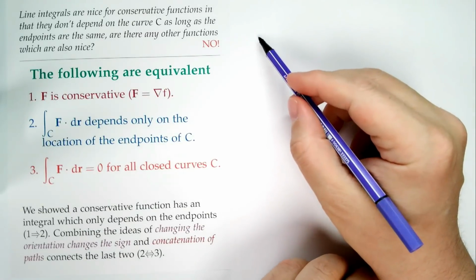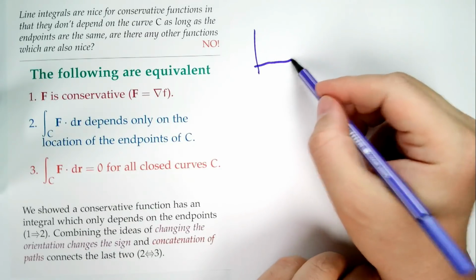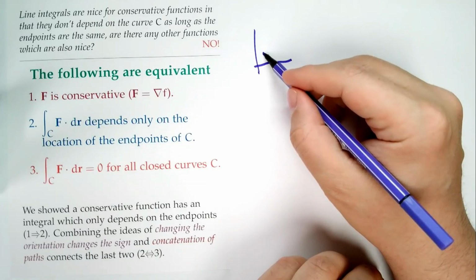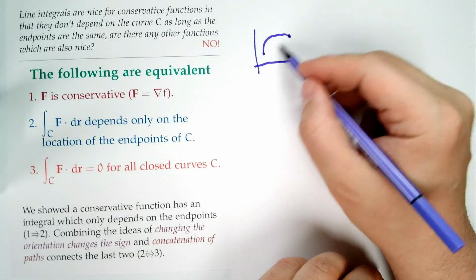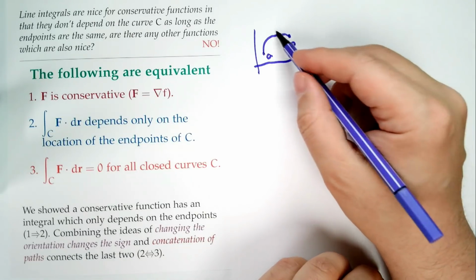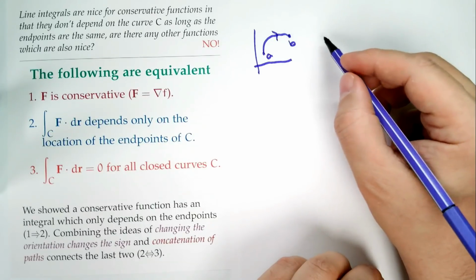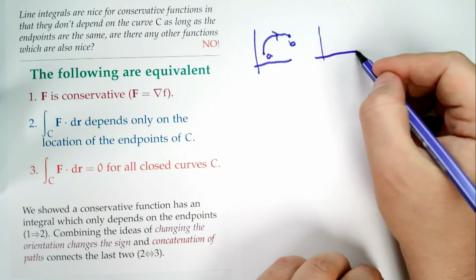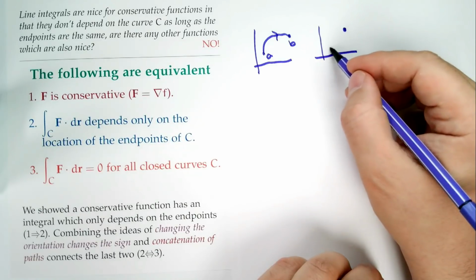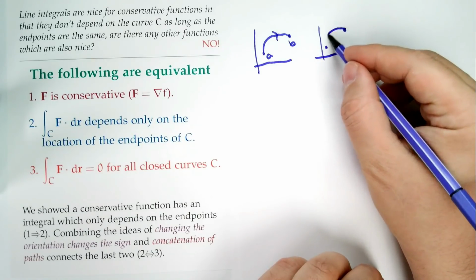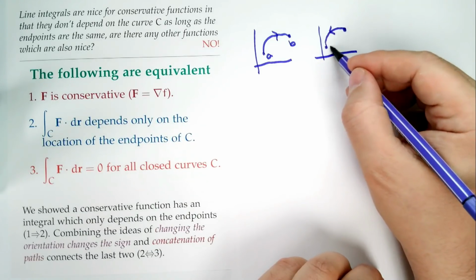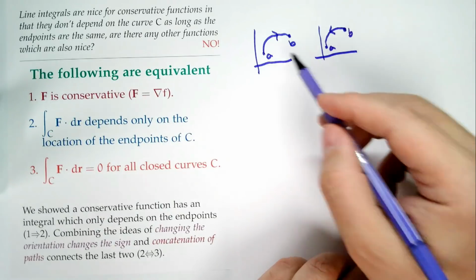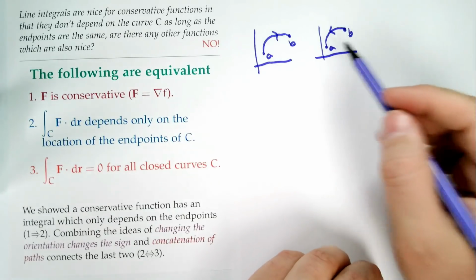So remember, important idea number 1. If I start on a curve, say here's A and here's B, and I go forward, and I compare that to the same curve where I go backwards, so I start at B and I end at A. It's the exact same curve, I just changed the direction I travel.